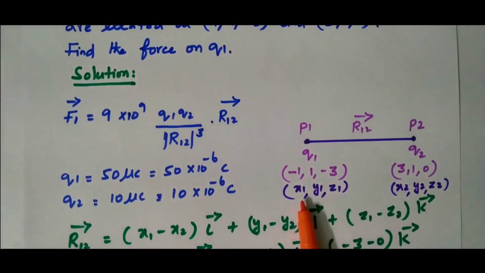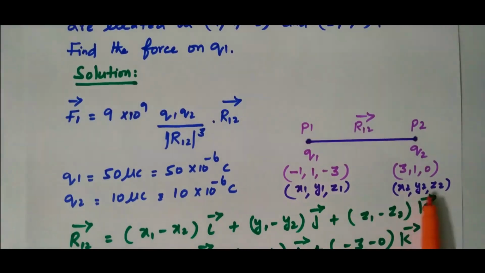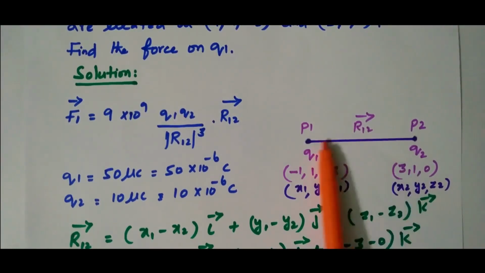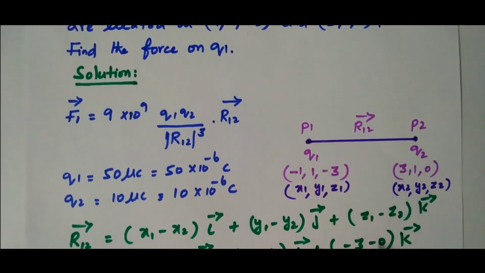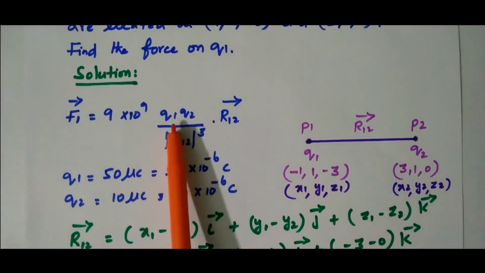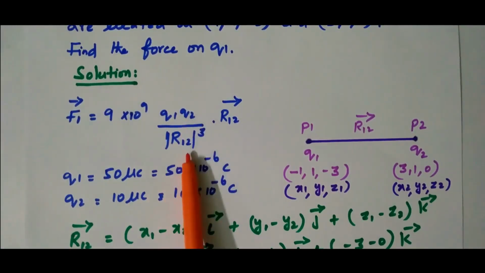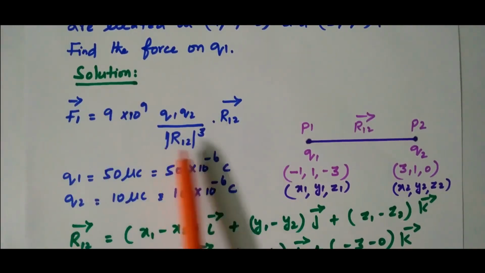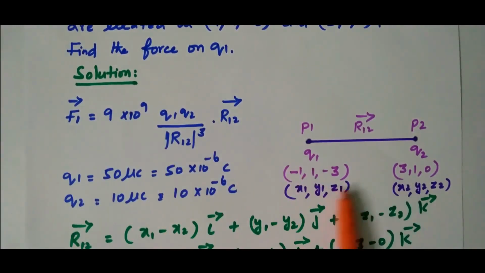The points can be written as x1, y1, z1 and similarly x2, y2, z2. So r12 is the distance vector between them. What is the formula for this? 9 into 10 to the power 9 q1 q2 divided by r12 cube into r12 vector. We can use the vector form because the two points are available and we can easily calculate the distance vector.